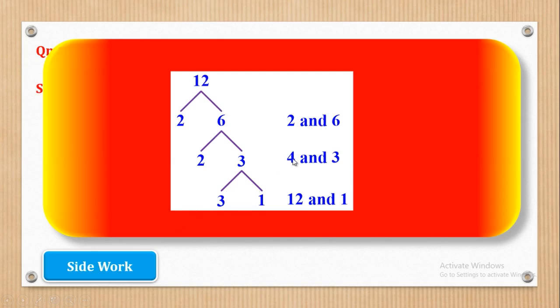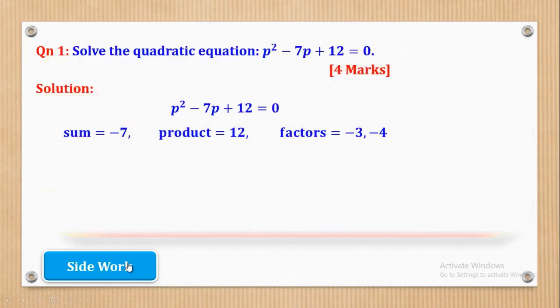Then when I come to 4 and 3, when I add 4 plus 3, I'll come up with 7. So that means that if I add -4 plus -3, I'll come up with -7. And also if I multiply -4 by -3, I'll come up with +12. What does that mean? It means that now our factors are -3 and -4.